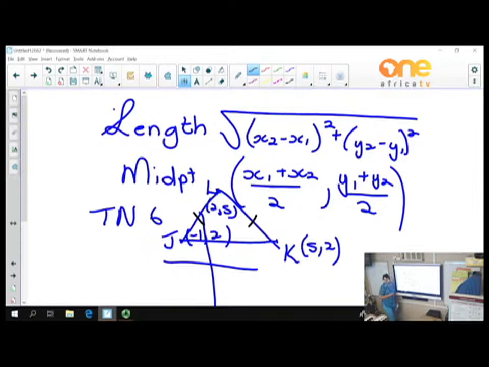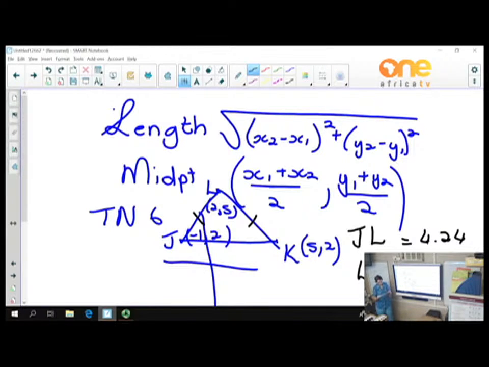It makes it easier. So is it JL and LK? That's the 2 sides, JL and LK. And what was then the length that you got for these 2? JL and LK, 4.24. So then you can say they are isosceles. Make that statement there.